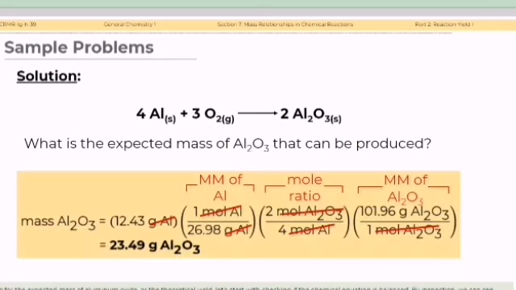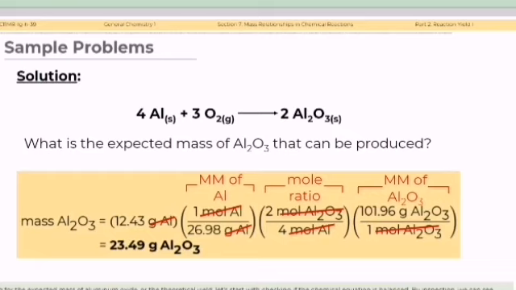In solving for the expected mass of aluminum oxide, or the theoretical yield, let us start with checking the chemical equation. By inspection, we can see that the equation is balanced.